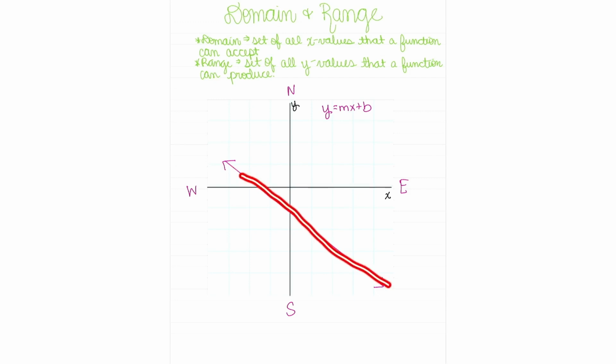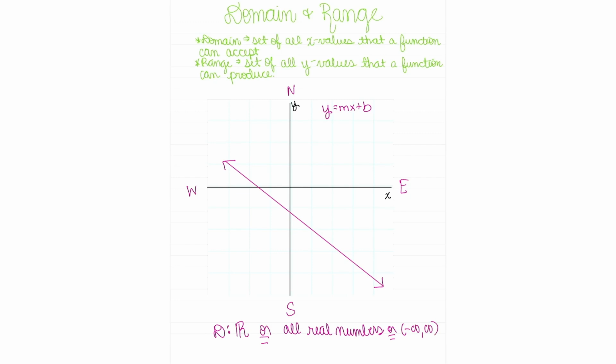Now, as we're going this way, this is southeast. And because there is an east component, it is heading to the right forever, which means that our domain is going to be all real numbers. And the way that we write that is with a D, and I usually do a double backed R, or you can write it this way, where you just write all real numbers, or depending on how your teacher wants you to write it, maybe in interval notation, negative infinity to positive infinity.